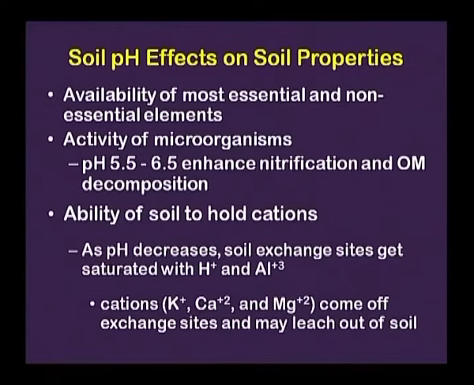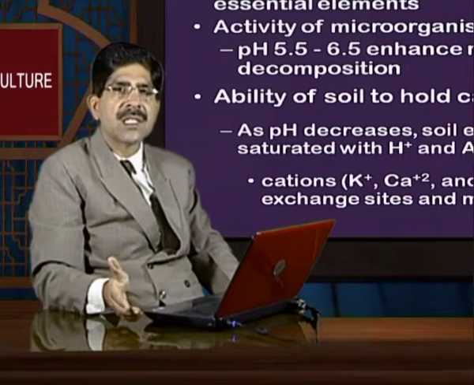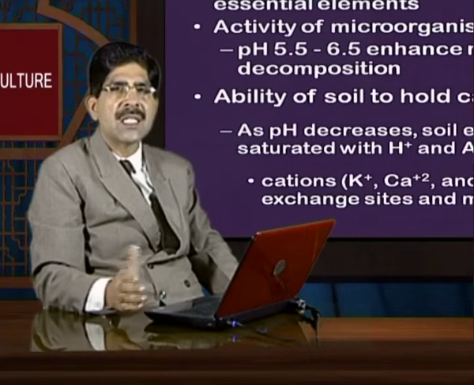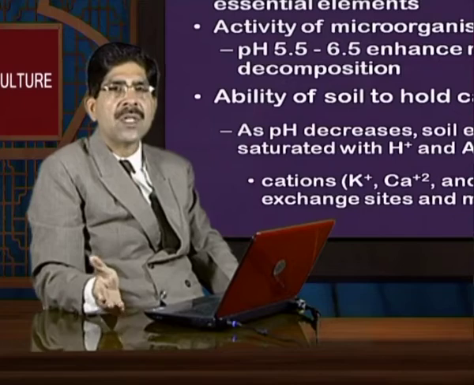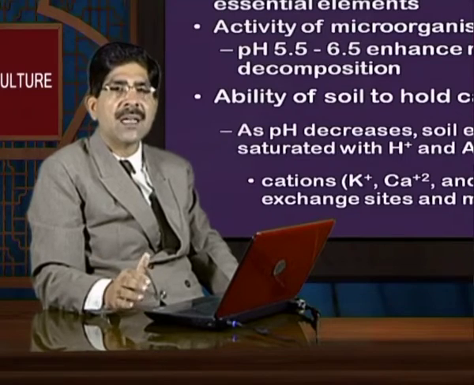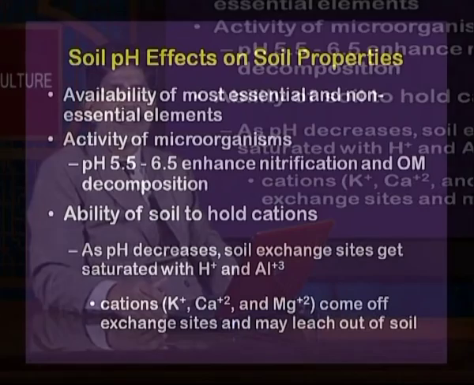So pH largely decides the nutrient availability of the soil. The nutrients are more available in the neutral reaction. When the pH decreases or increases from this neutral side, the availability of some nutrients increases and others decrease depending upon the pH of the soil.